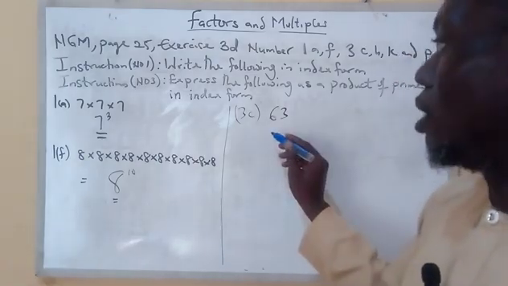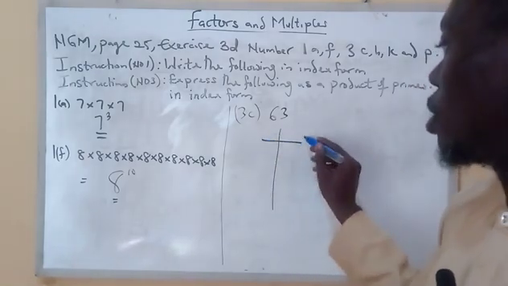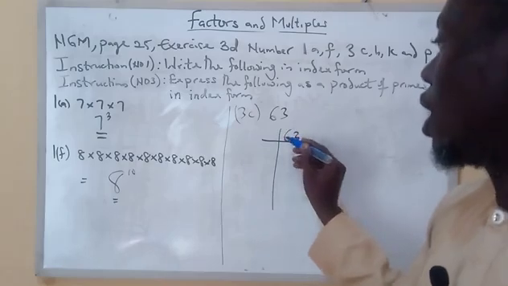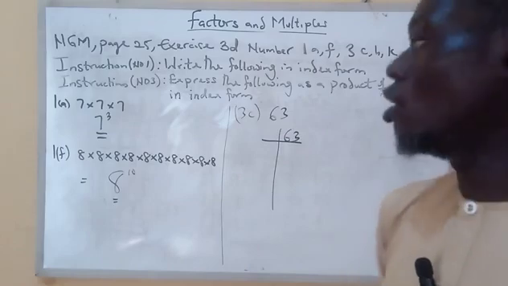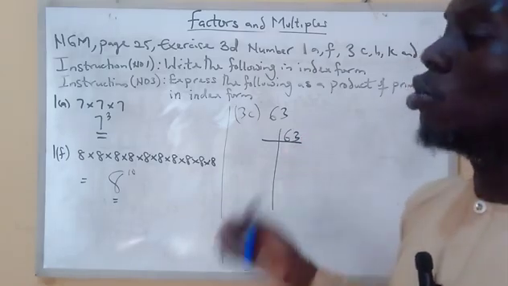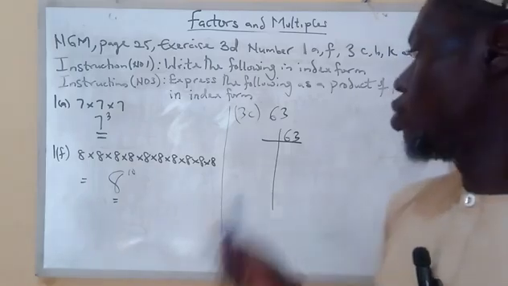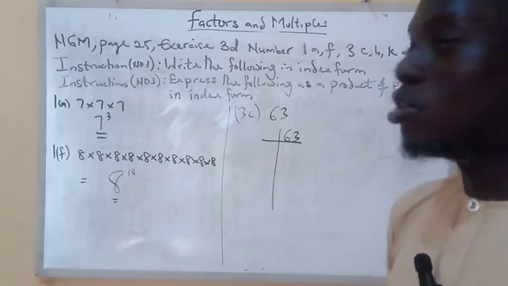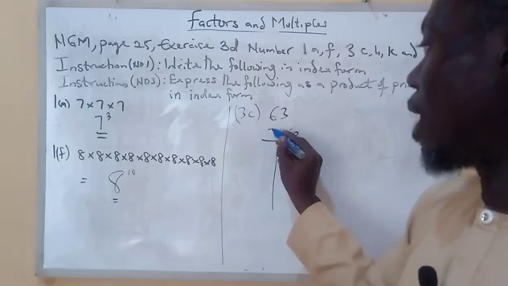It's just like we use factor method. We just use factor method. Since they say primes, and we know that the first prime number is 2. But can 2 divide 63? The answer is no. 2 can't divide 63. So what do we do? We use 3, which is the next prime number.